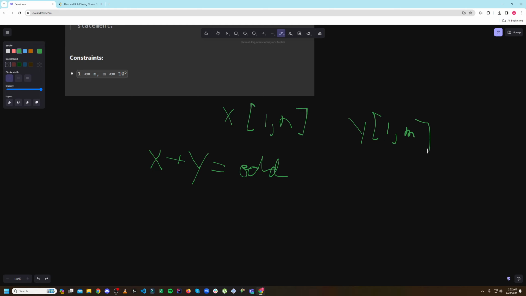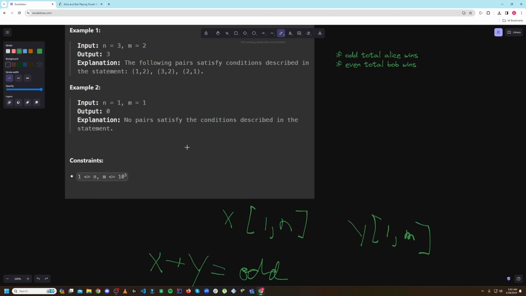Now we can look at the examples and really have a good understanding. For x being 1 through 3, x can be 1, 2, or 3, and y can be 1 or 2. So let's say we pick 1 for x. What does y have to be? Y can be 1 or 2, and we need this whole thing to be odd. So y has to be 2, because you need this whole thing to be odd.